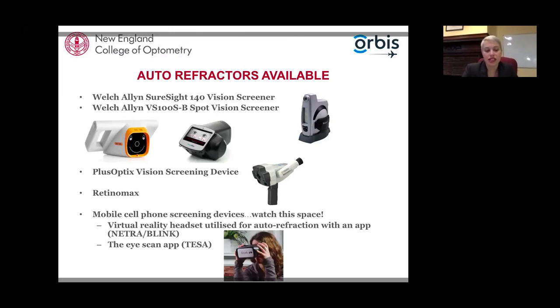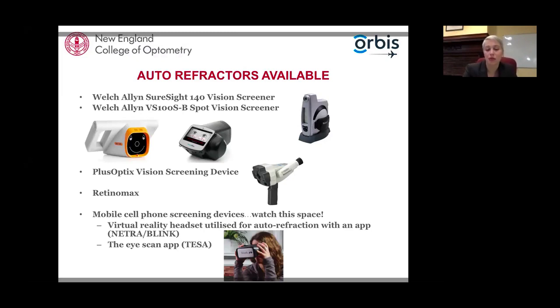Also, interestingly enough, there is a lot of cell phone technology coming about. So watch this space. Everyone we know has a cell phone. And so if we can utilise this technology and include it in autorefraction, that would be fantastic.